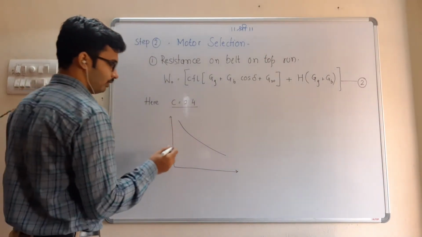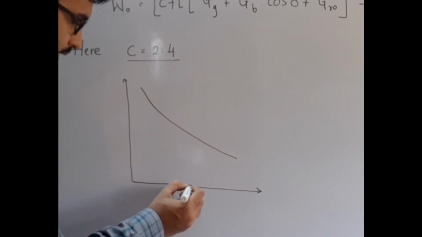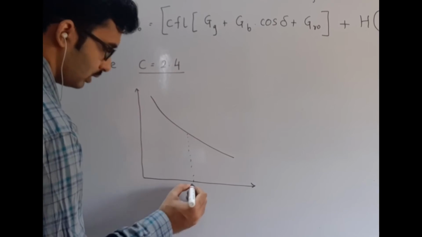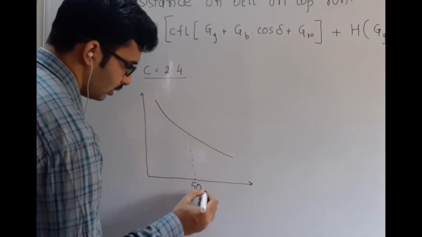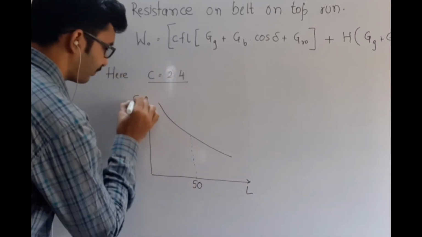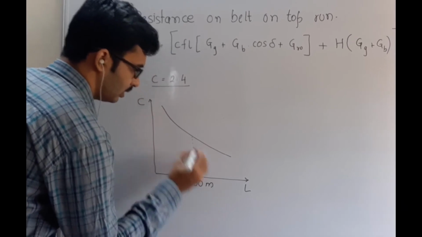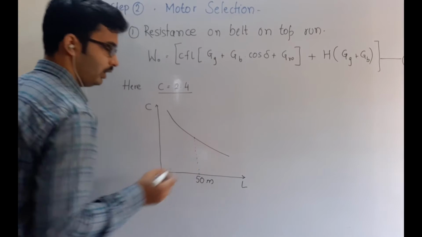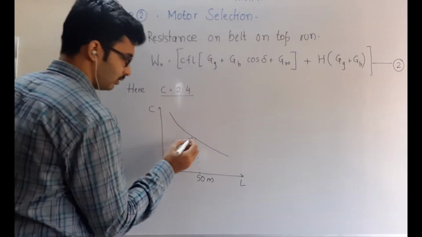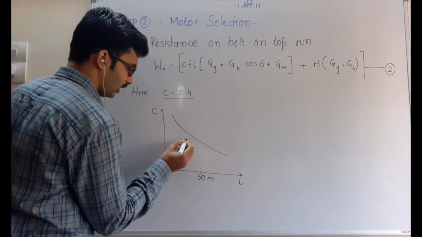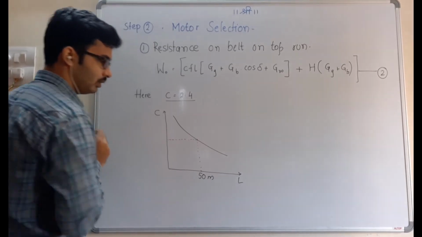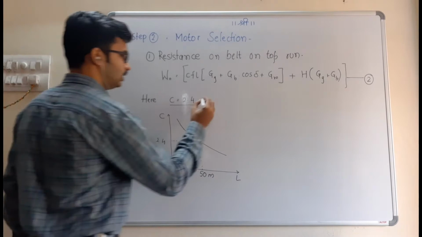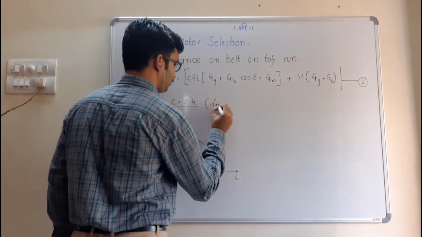You have to plot the particular point. In our case, the length is 50 meters. Whatever point it crosses on the graph curve, you mark that point and refer to the horizontal value. Here it is 2.4. So this is from the graph.